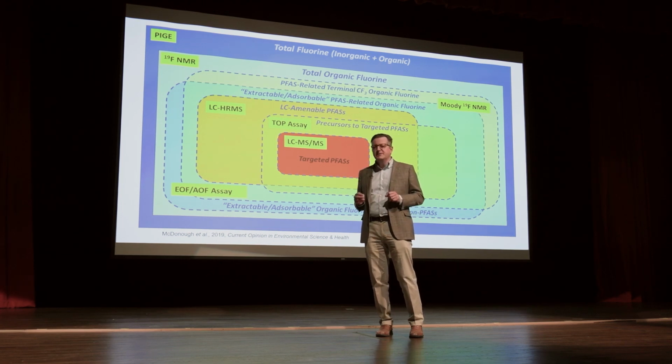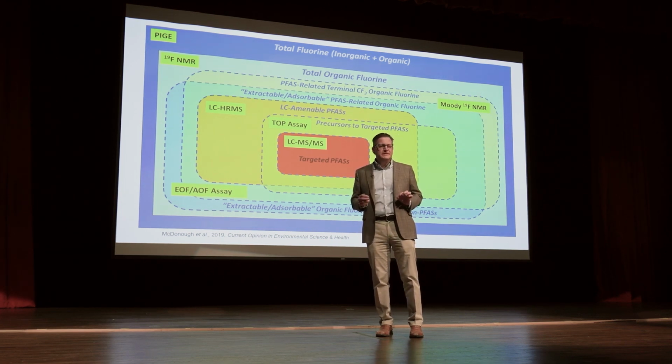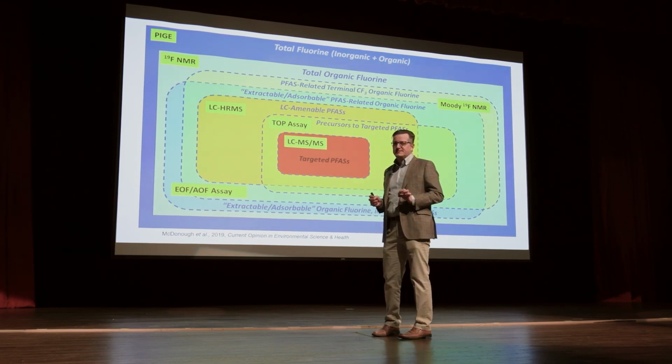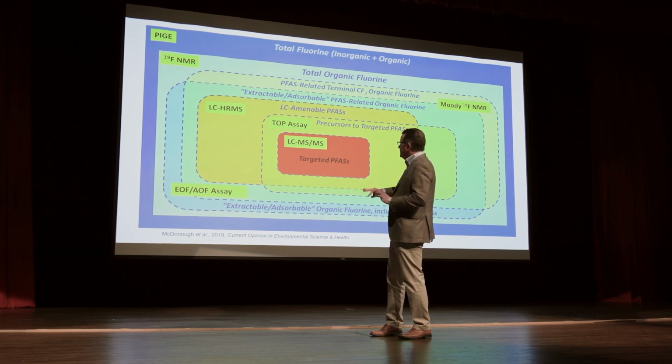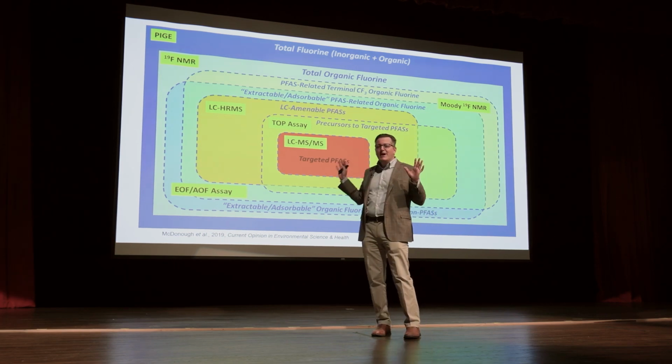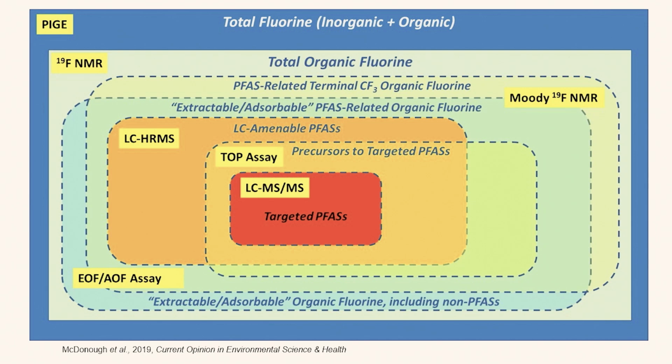We see a lot of the same things, but we get much more specificity in terms of the type of chemistry that's there. Now, if you look even more broadly, there's a lot of other tools that we think may be captured with these other types of analyses.